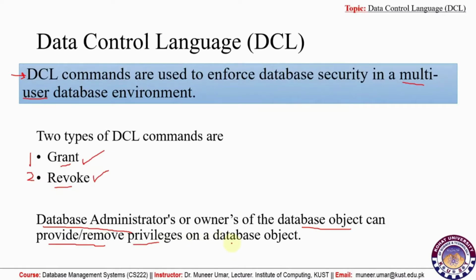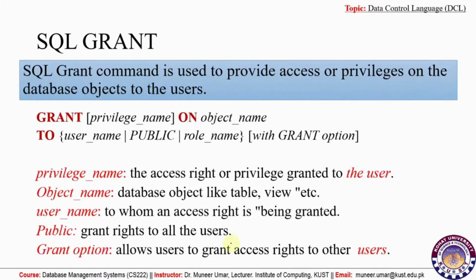Database objects can be the database itself, views, tables, and even a single attribute in the table. With the help of the grant command we can provide access or privileges to a single user or multiple users, so they may use objects.